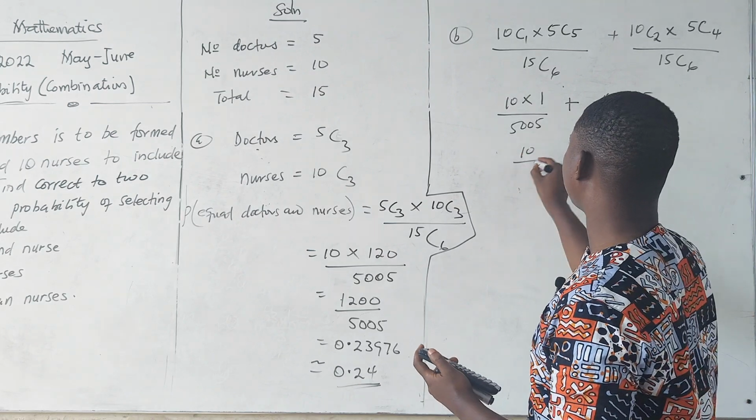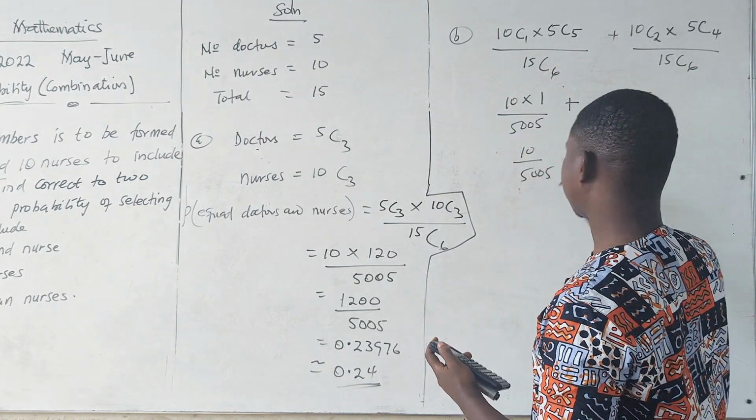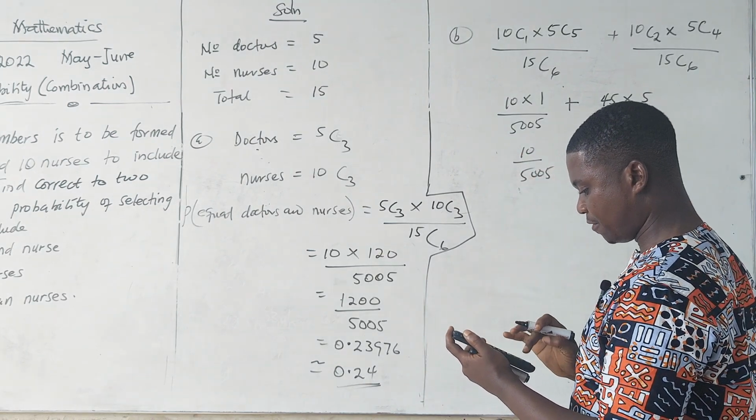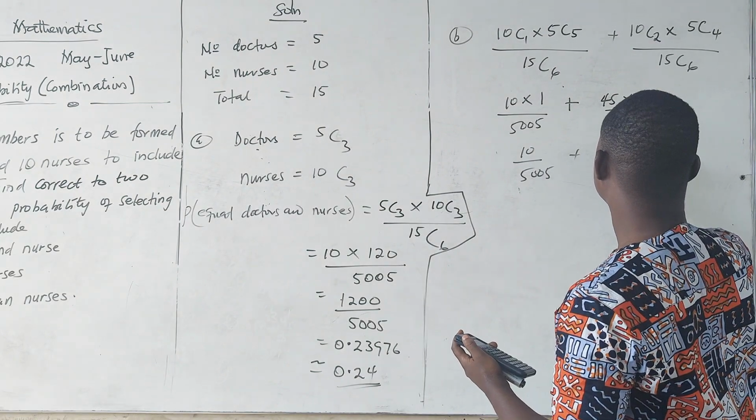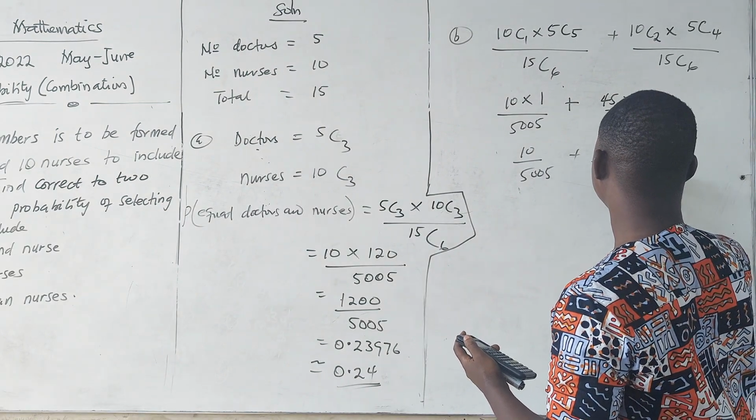So we have 10 over 5005 plus 225 over 5005.